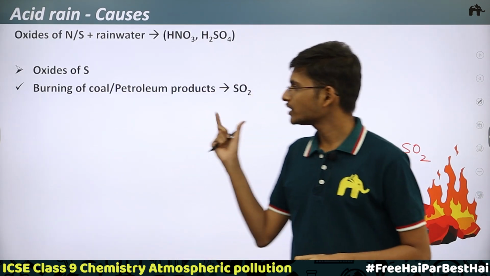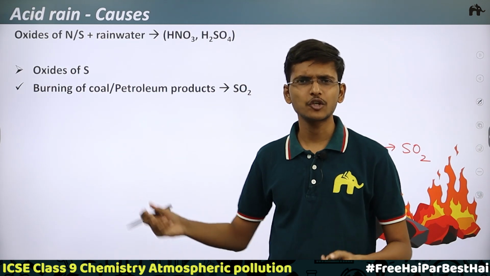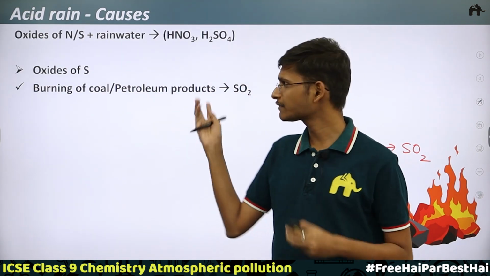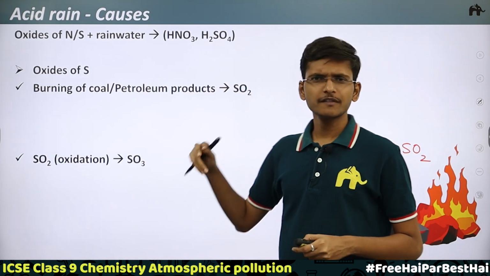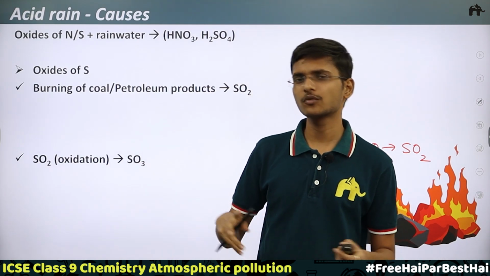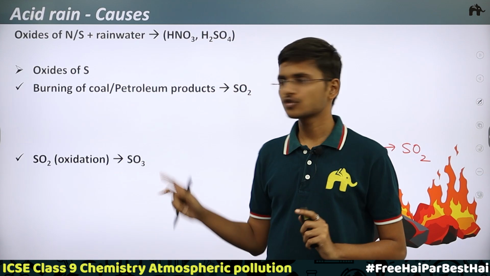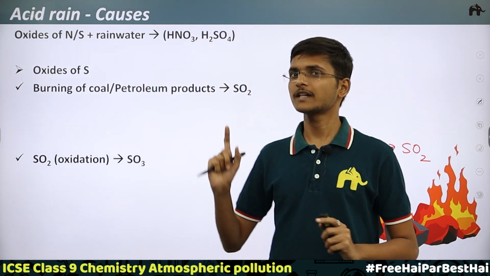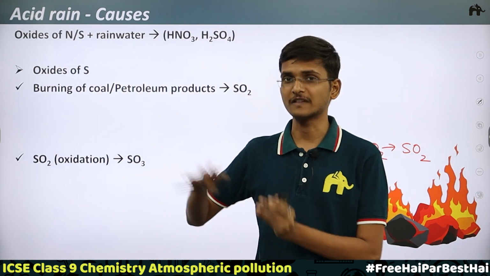Clear? Now here again, petroleum products definitely means gasoline, like petrol and all those things which we get from petroleum. So this obviously means that when we are driving vehicles or using petrol in our cars and two-wheelers, they are also resulting in the formation of sulfur dioxide, just like how our automobile engines are responsible for the production of nitric oxide.